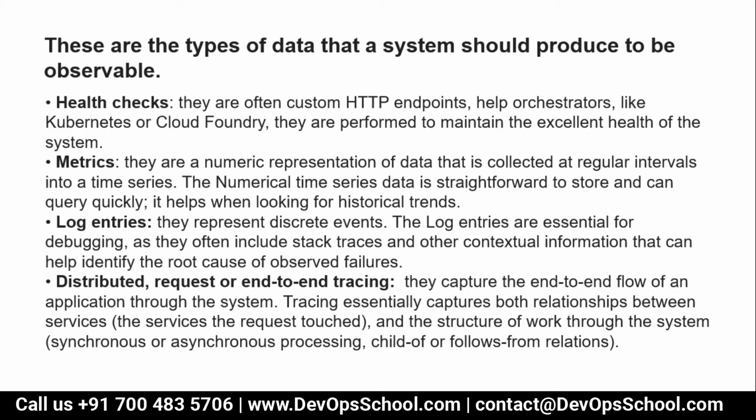One is related to health checks, often called HTTP endpoints, and helps an orchestrator like Kubernetes or Cloud Foundry maintain the excellent health of the system. Health checks, like HTTP endpoints, are something correlated to synthetic.